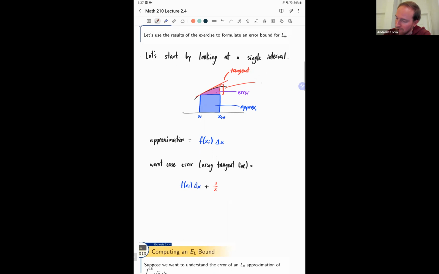It's given by the change in y. I'm going to call that delta y for a moment, or the rise of this line. Which is governed by the following equation. So change in y over change in x will be equal to the slope, which is the derivative of the function at xi.